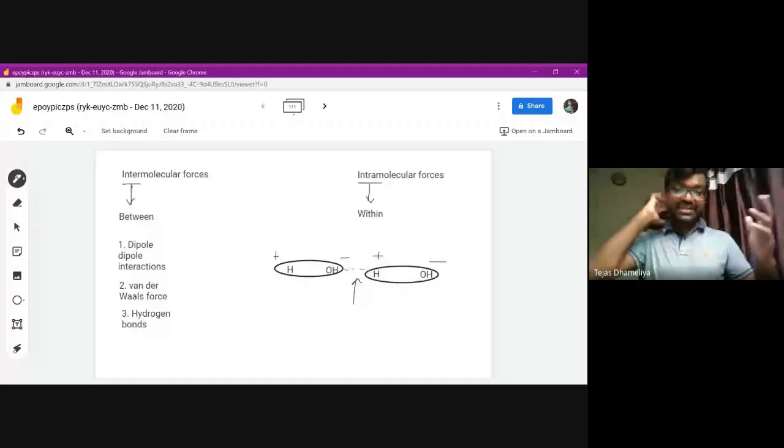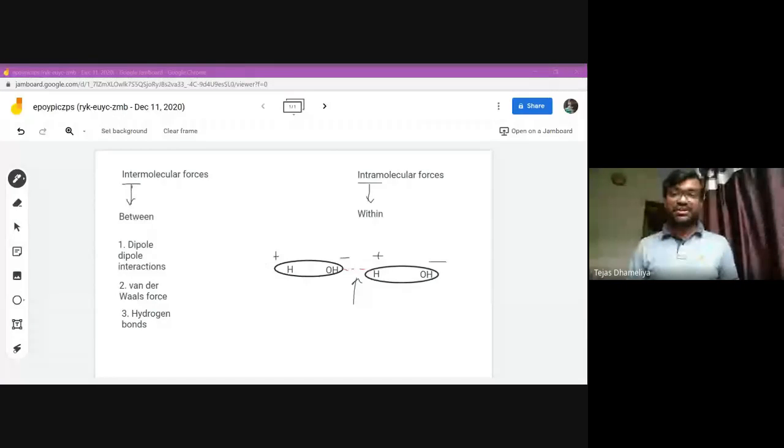These are dipole-dipole interactions. Although the molecule itself is neutral, we know water is a molecule having pH 7, a neutral molecule, but still it is having some amount of charges.